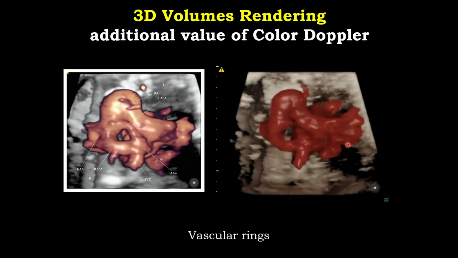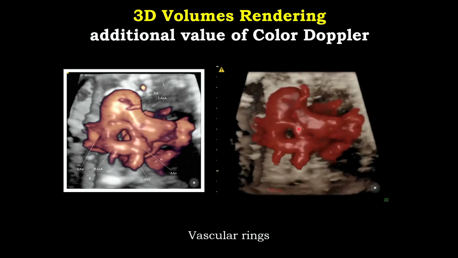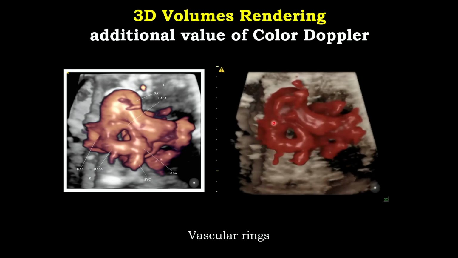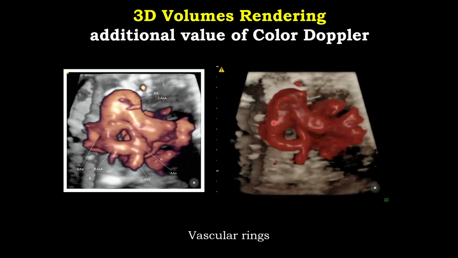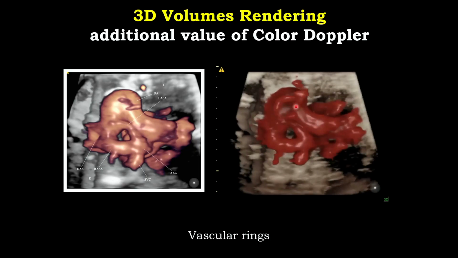Here we have a great example of the vascular ring due to the double aortic arch. We can see the right-sided aortic arch and the hypoplastic left-sided aortic arch. Usually in 80% of cases, that's what you will observe. Also, we can see the origin of the head and neck vessels that is clearly seen here.